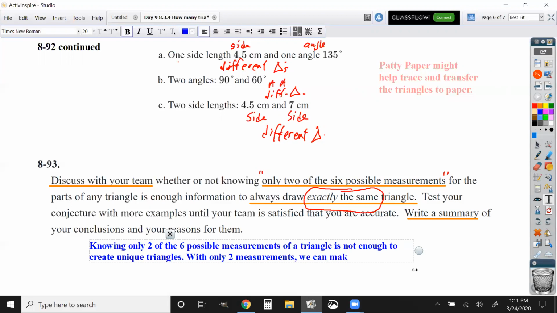We can make different triangles but not necessarily the same triangle. So that's my statement. I think that's a good statement for right now.